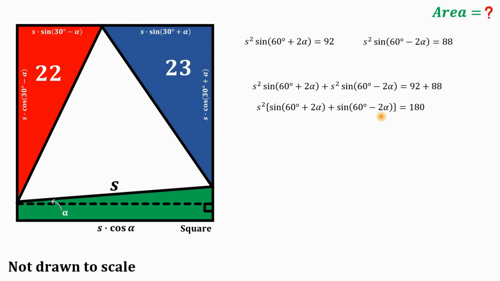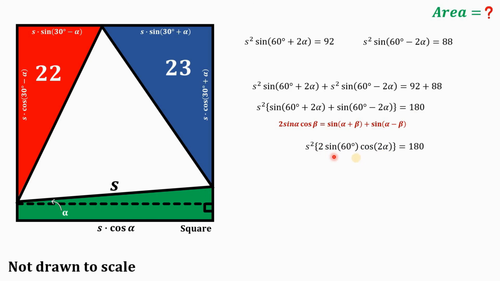And this expression right over here is very familiar because sine of alpha plus beta plus sine of alpha minus beta is equivalent to 2 times sine alpha times cosine of beta. In short, we can simplify this equation as 2 times sine of 60 degrees times cosine of 2 alpha.